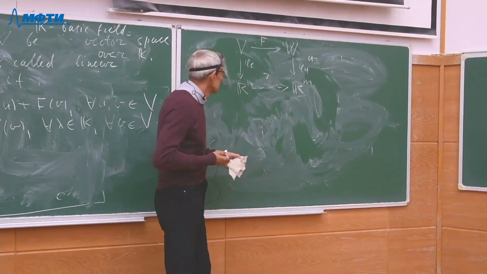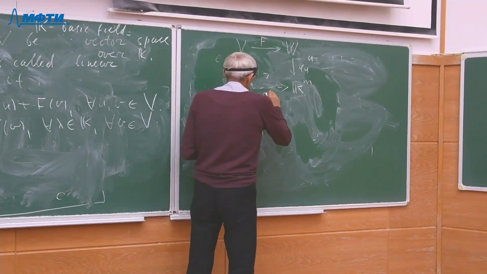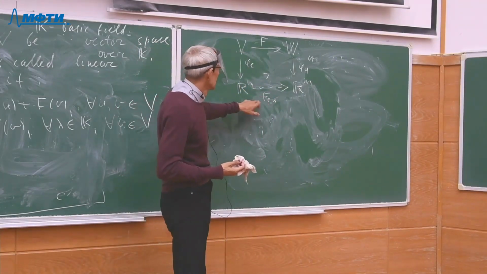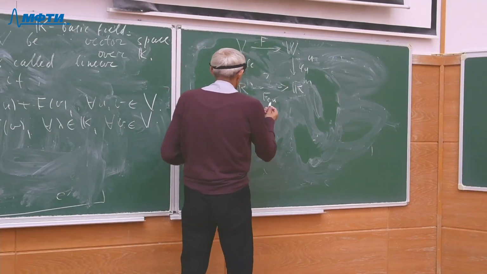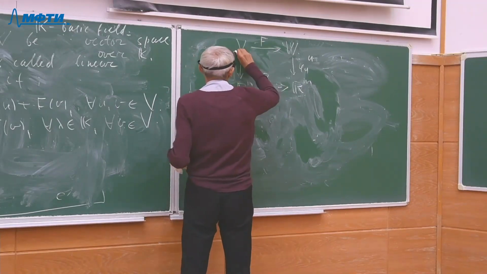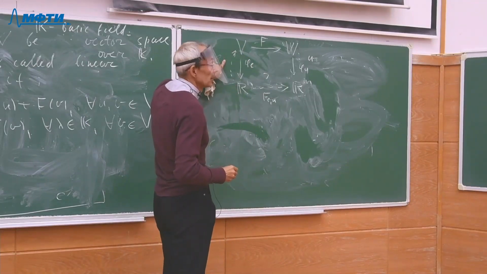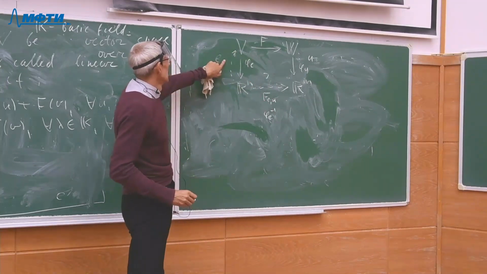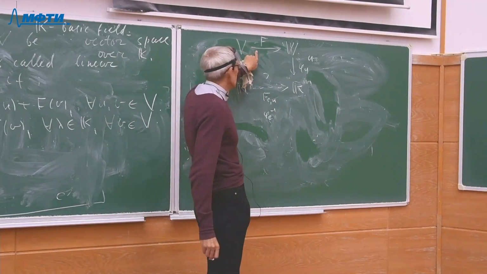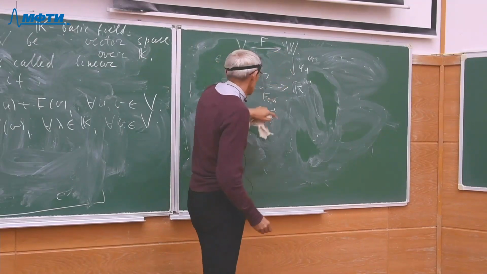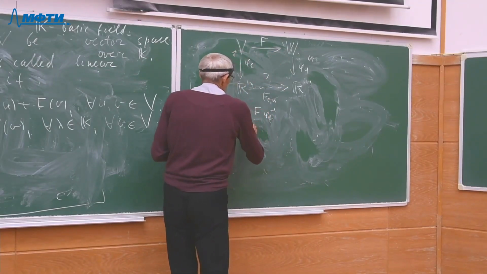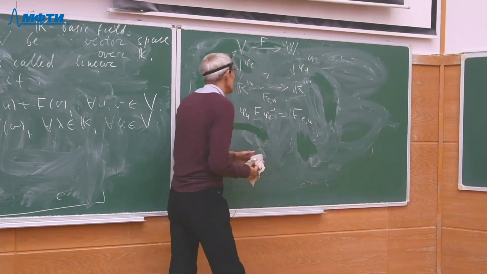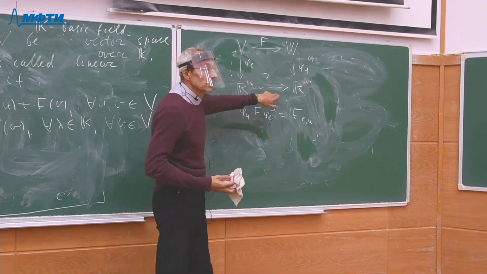The answer is the following. The matrix phi, E, U, which can be defined in the following way: I take the inverse mapping phi E, after that I apply the mapping F, and after that I apply the other isomorphism phi U. As a result, I obtain some linear transformation from this vector space to this vector space.